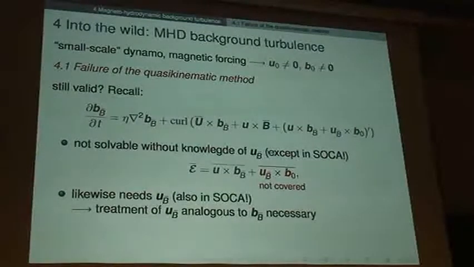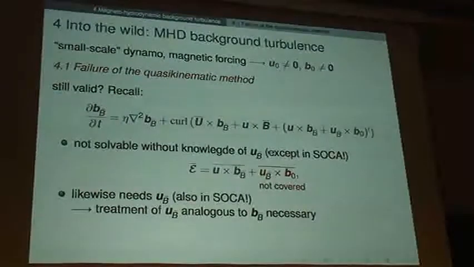He is talking about u0 cross B0, and that's part of the left-hand term. No, it's part of the right-hand term. At this place there should be an index B. That is only the part of the mean electromotive force which depends on the mean field. The mean electromotive force may have a part which does not depend on the mean field, which we are not discussing here. I think it's an illusion, because once you put in your test field, there will always be an electromotive force which depends on the test field, which is growing very rapidly. Let's discuss it later.